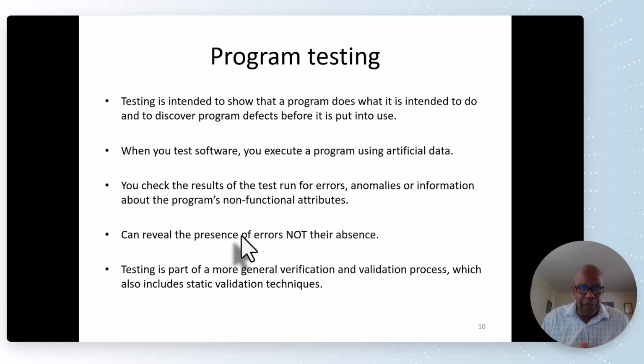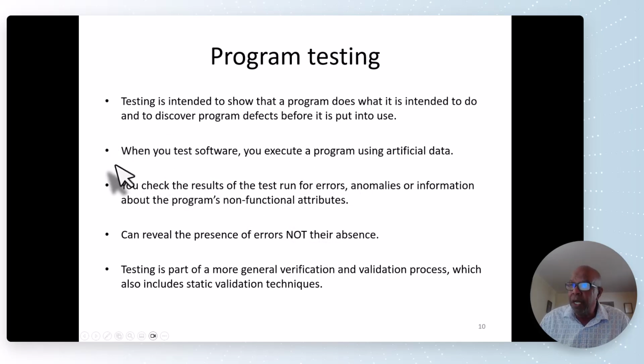You can say that we have covered 90% of the code and we couldn't find one, but there is no guarantee that you could ever get through all the bugs and tell the user that this code has no errors. This is important. Remember, testing can reveal the presence of errors, but not the absence.